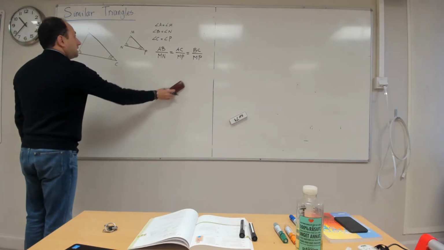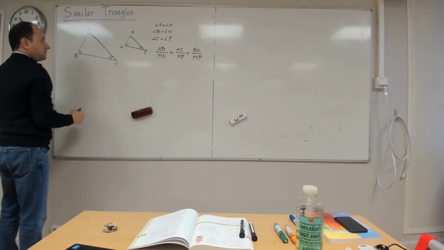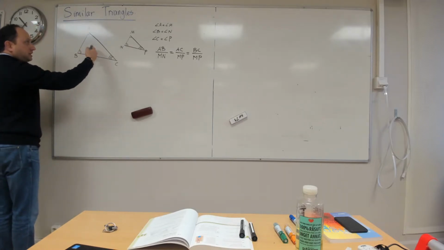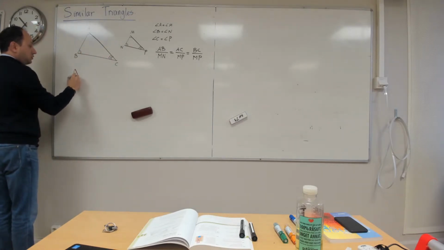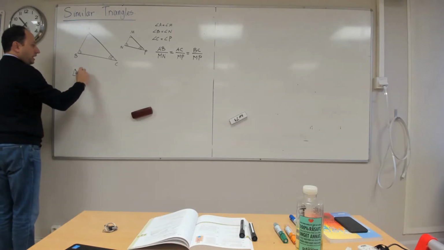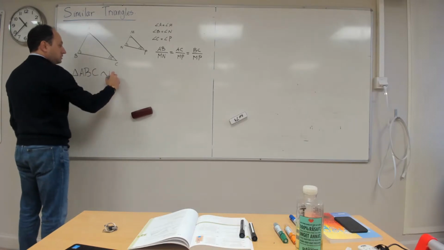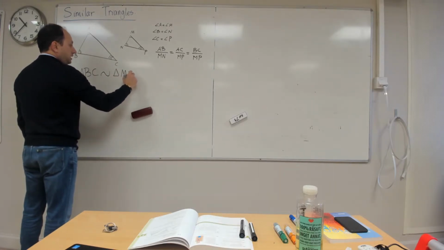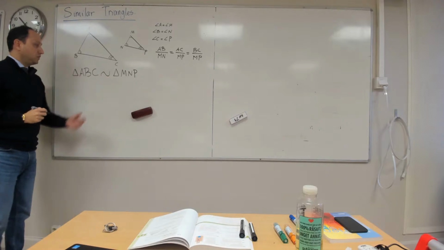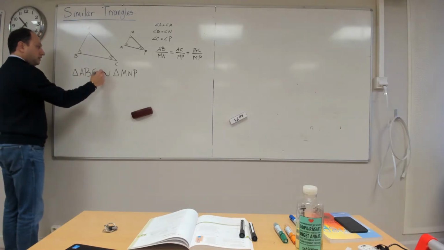If I want to symbolize that these two triangles are similar, I use this notation. I would say that the triangle ABC is similar to the triangle MNP. That is the symbol we use for similarity.